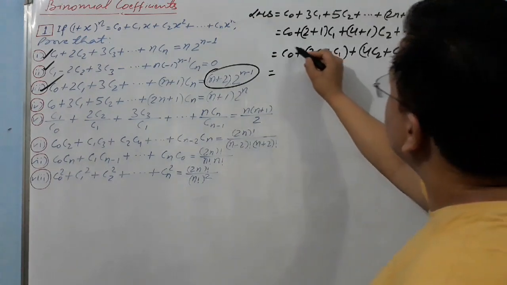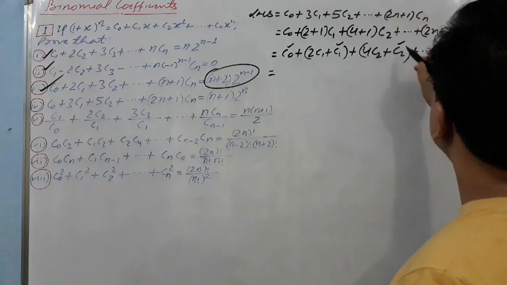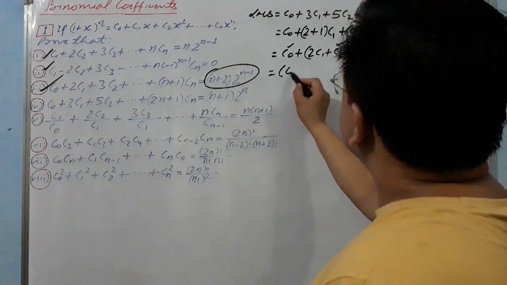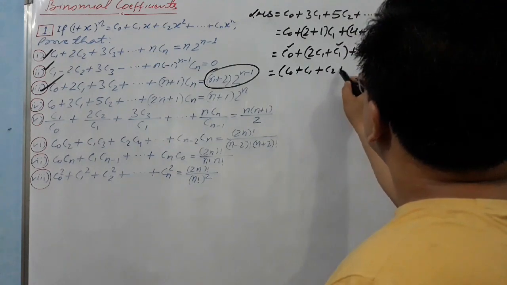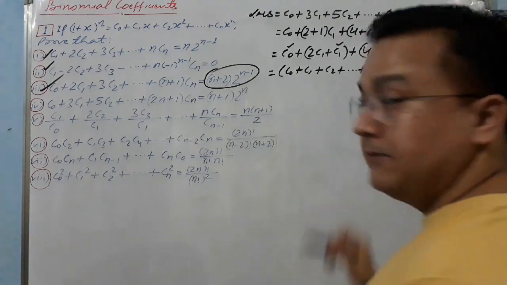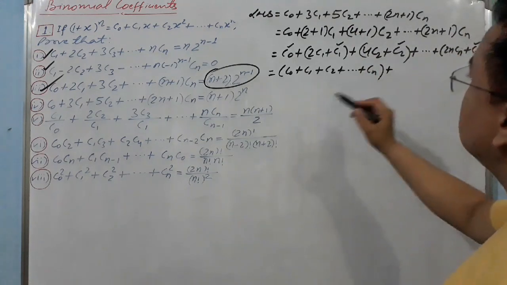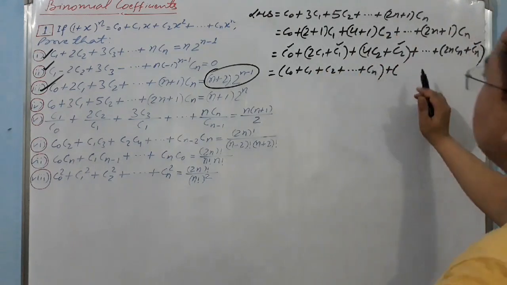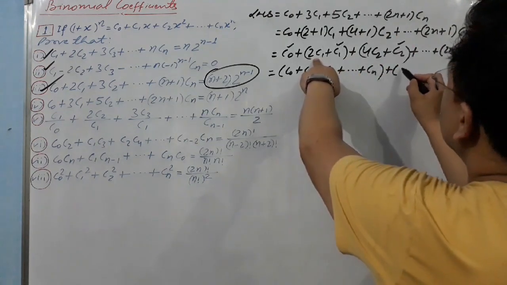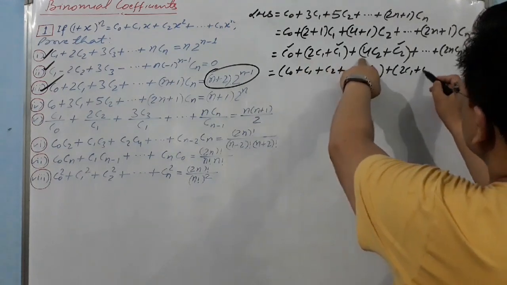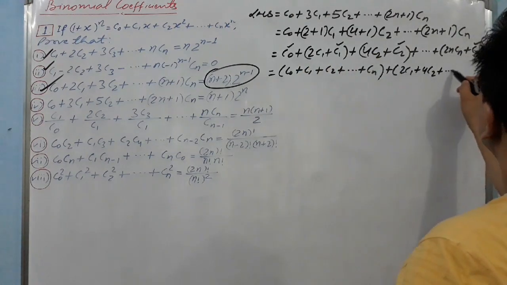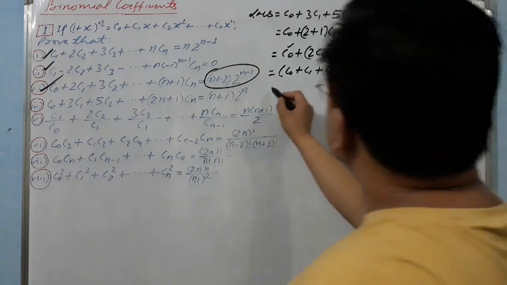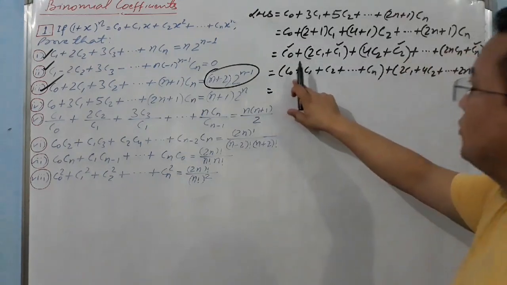Now I'm going to write down C0, C1, C2 and Cn, and collect them in one bracket: C0 plus C1 plus C2 plus dot dot Cn. And plus, thereafter, I'm going to collect the remaining terms: 2C1 plus 4C2 plus dot dot plus 2nCn, is equal to.